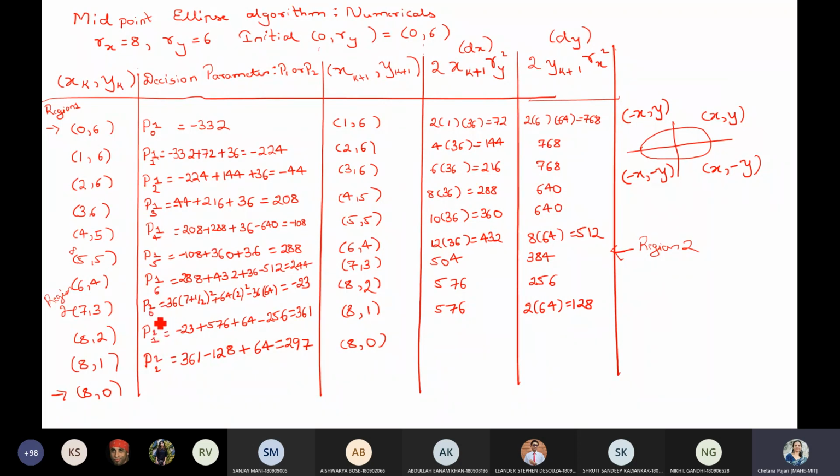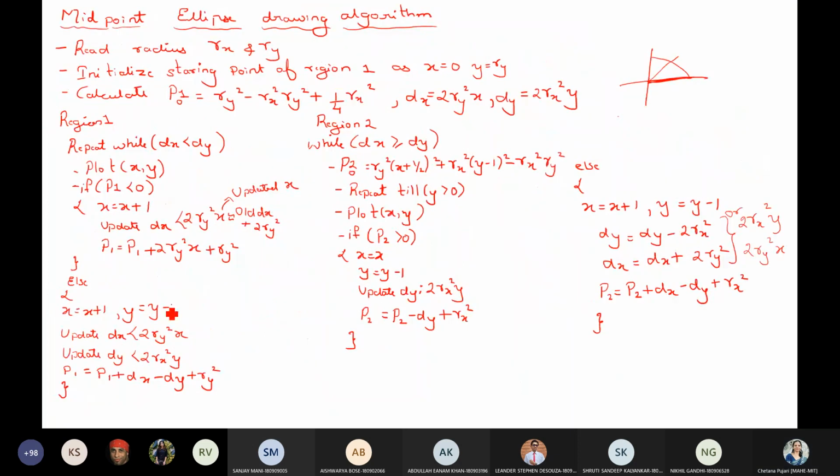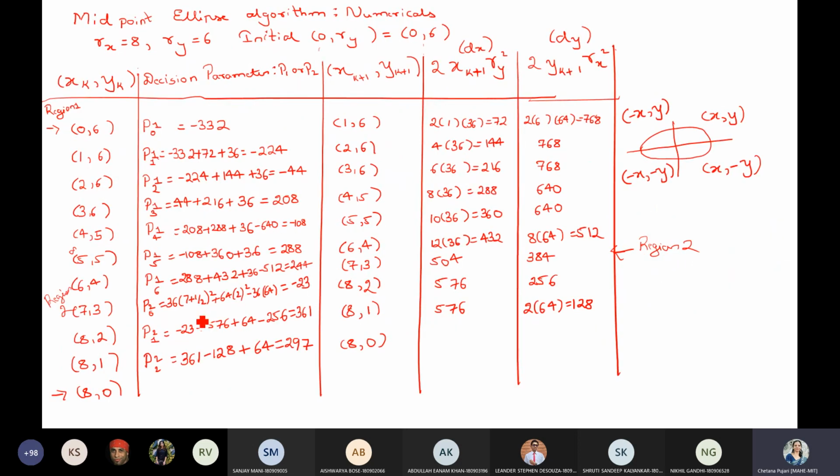So P2 of 0, the initial decision parameter, is ry square into x plus 1 by 2 whole square plus rx square into y minus 1 whole square minus rx square into ry square. So this equation we are using over here.